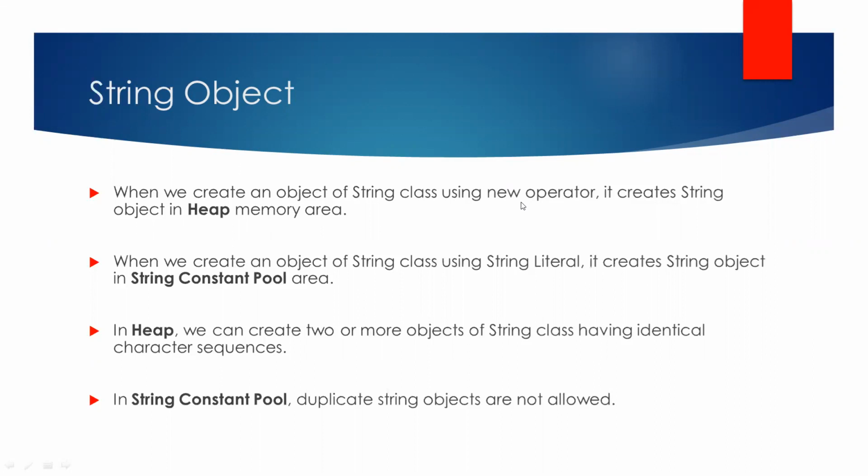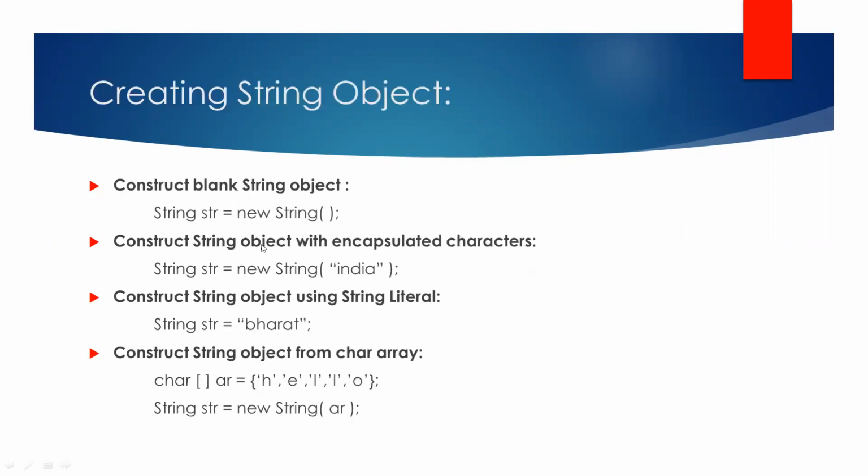So look at this code: this object will be created in the heap, this object will be created in the heap, and this object will be created in the heap.